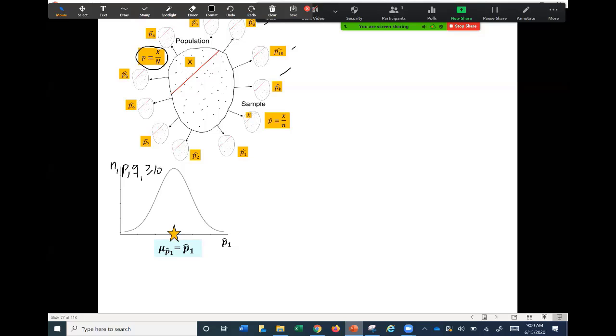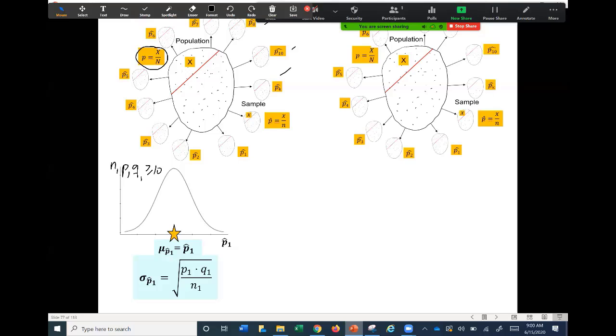And the standard deviation is given by the square root of pq divided by n. That is for population 1. The same thing occurs for population 2: the distribution of all possible sample proportions, all of the same size n2.